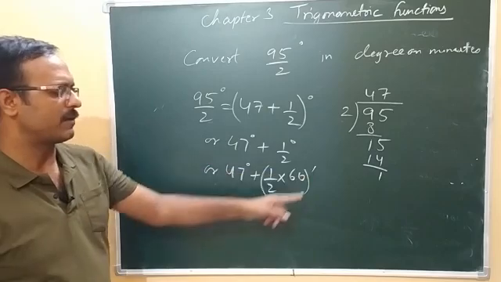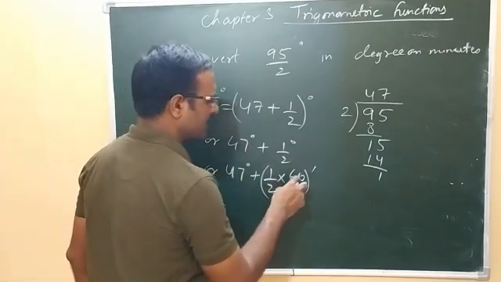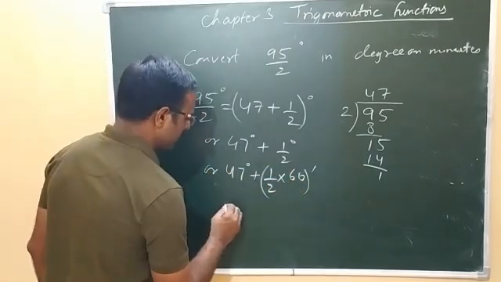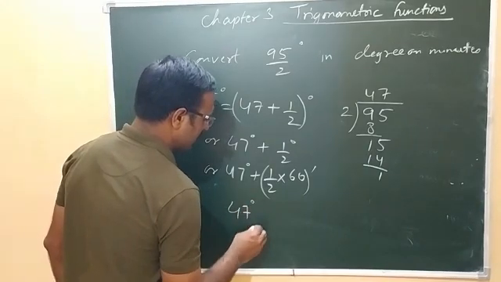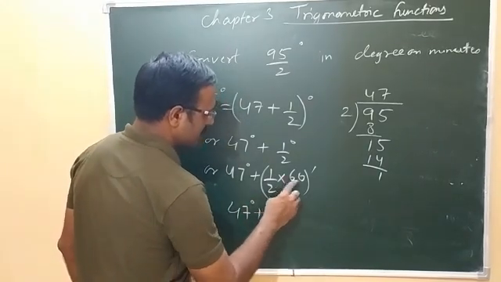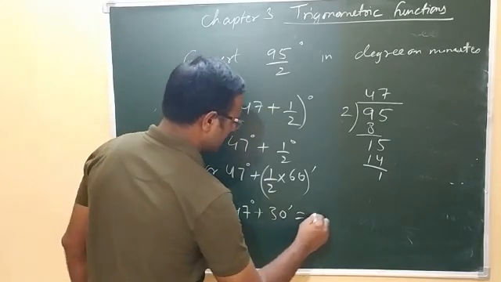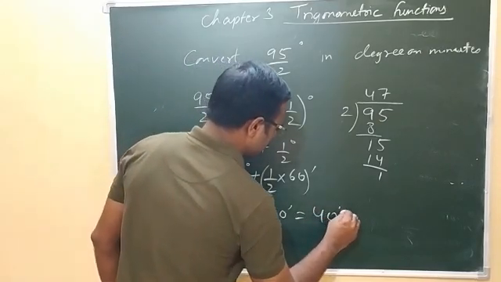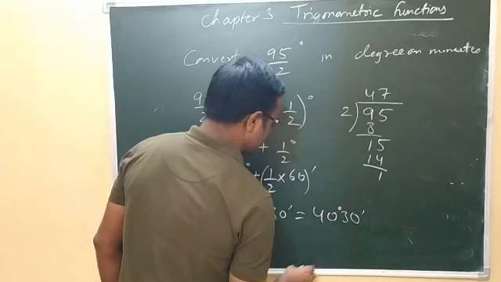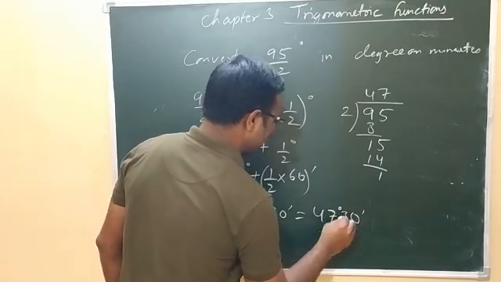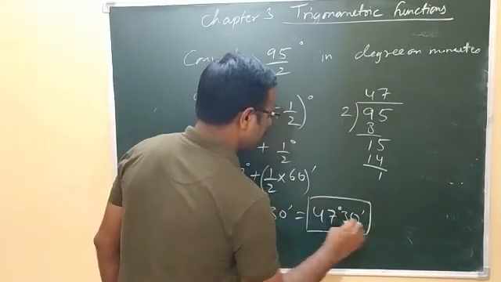This is the symbol of minutes. We can write half into 60 minutes, and you will get 47 degree and plus how many minutes? So it is 30 minutes. You can directly write it as 47 degree and 30 minutes. This will be the final answer.